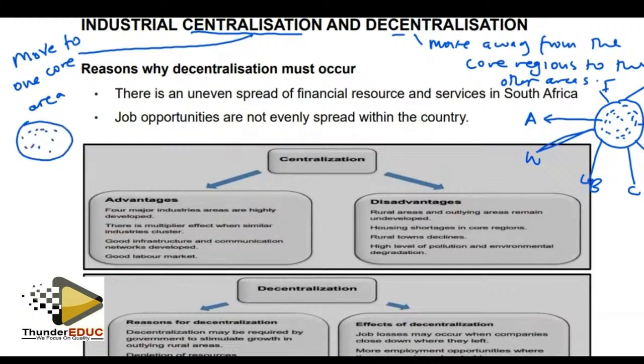Remember, with decentralization they move away from the core areas, but to centralize, all industries are moving to one given area. All right, now we want to see the advantages and disadvantages, firstly, of industrial centralization.